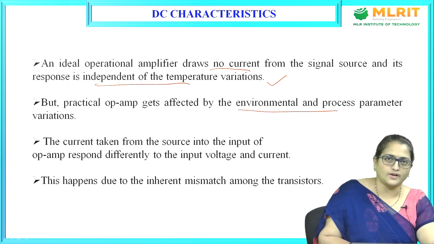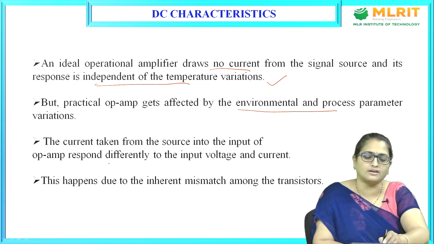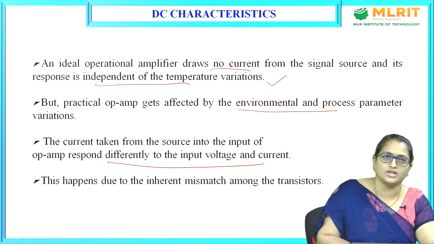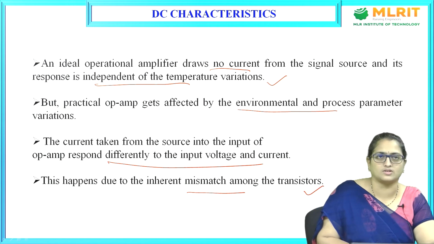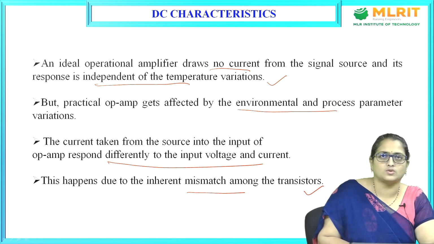So, the current taken from the source into the input of an op-amp responds differently to the input voltage and current. And this is due to mismatch among the transistors. This leads us to study the non-ideal DC characteristics for an op-amp.